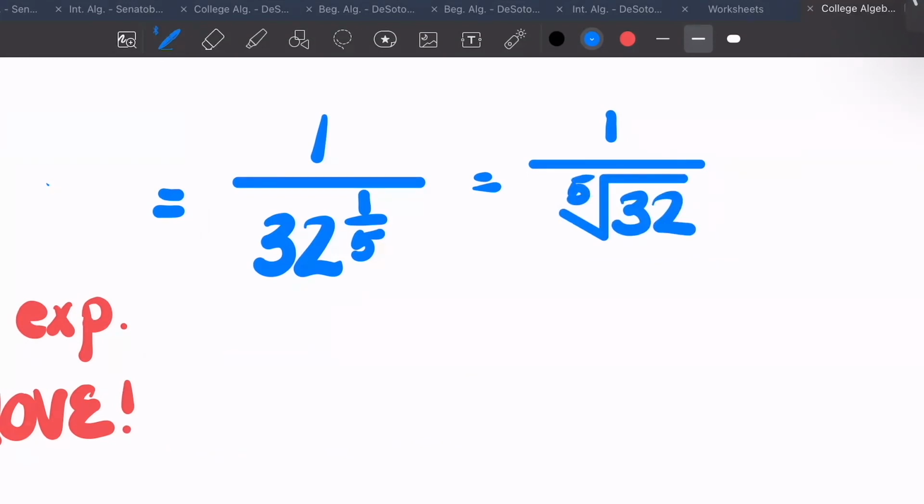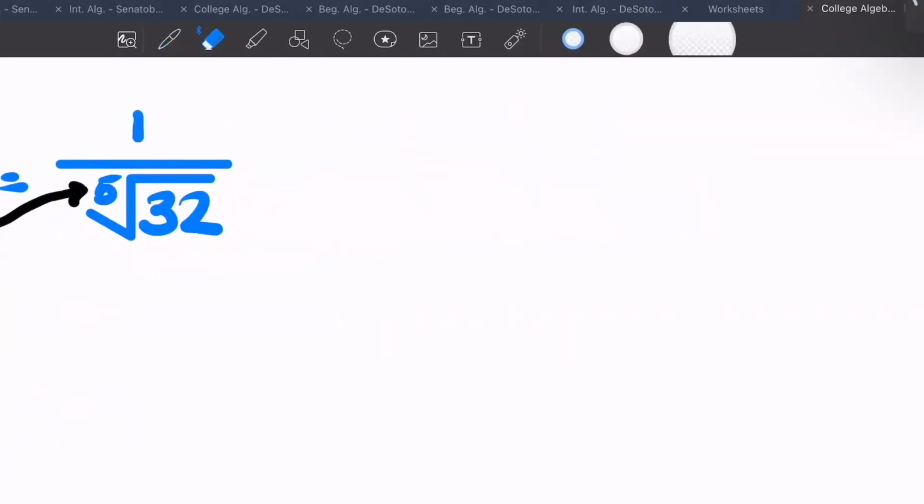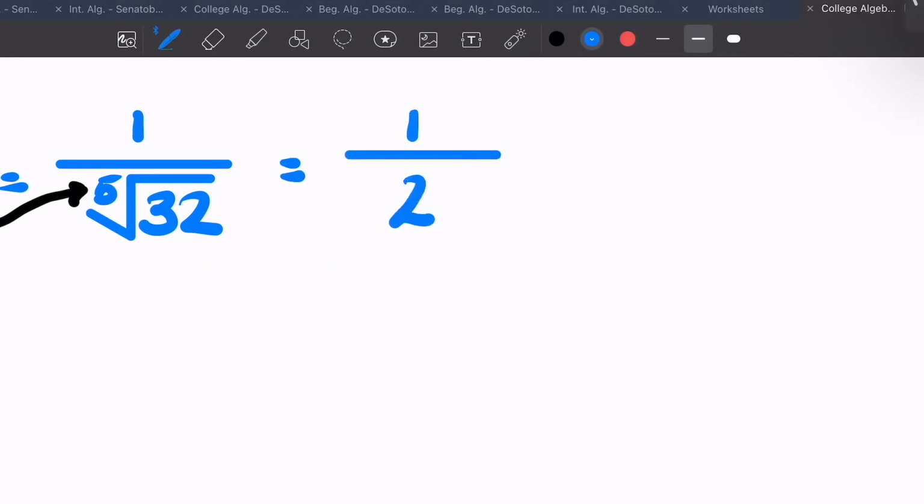I'm still just applying the rule that I just learned. The 5th root of 32 is 2 because 2 to the 5th equals 32. So here's my answer.